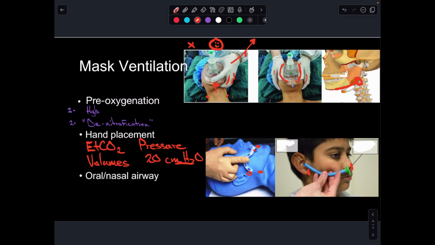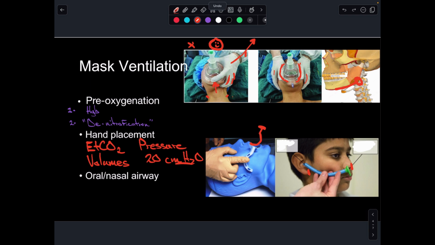There's various different methods. When you place these devices, as you place an OPA, you would actually insert it into the patient's mouth upside down. So we'll say the OPA is right here, like this, and then there's the curvature.